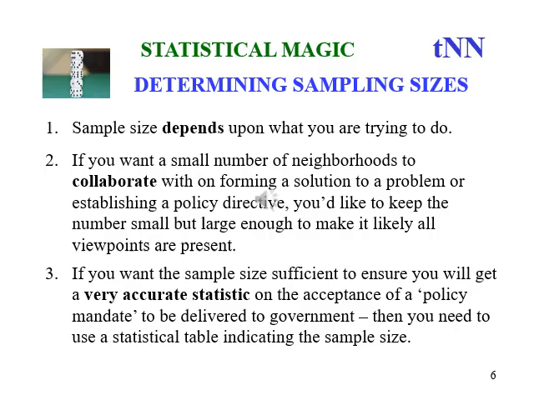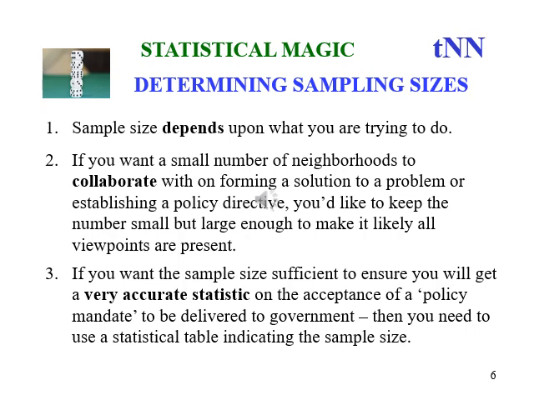The sample size depends on what you're trying to do. Secondly, if you want a small number of neighborhoods to collaborate with on forming a solution to a problem or establishing a policy directive, you'd like to keep the number small, but large enough to make it likely all viewpoints are present.